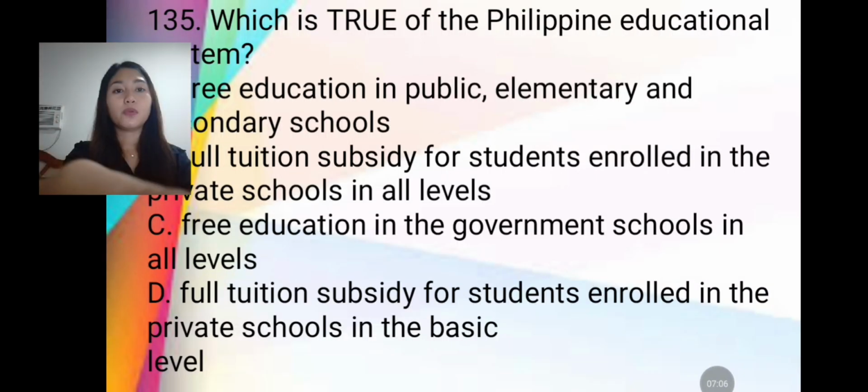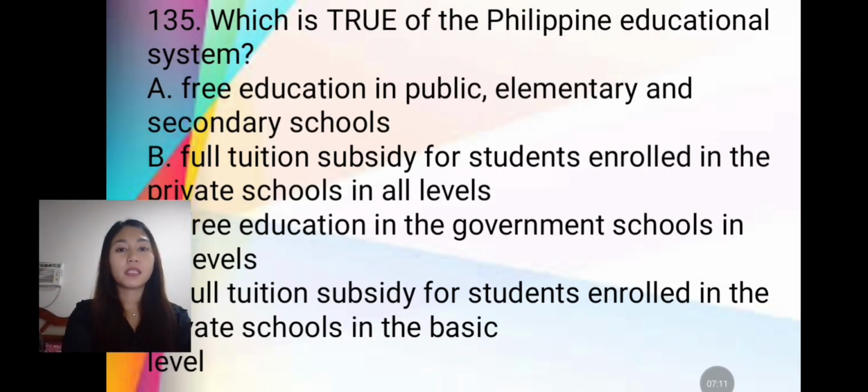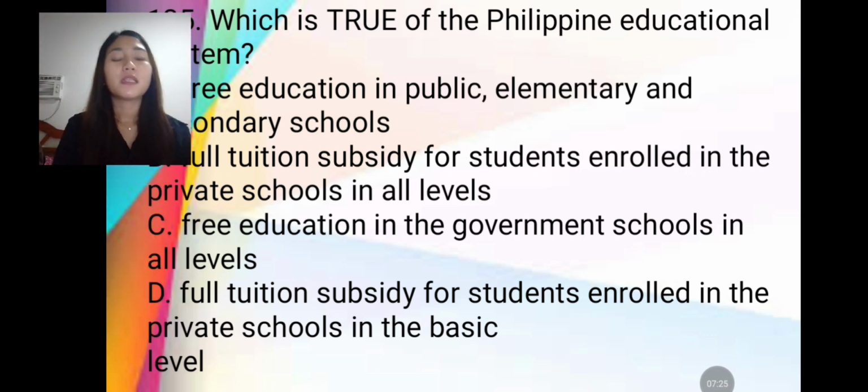Okay, next is, which is true of the Philippine educational system? A, free education in public elementary and secondary schools. B, full tuition subsidy for students enrolled in private school in all levels. C, free education in the government schools in all levels.